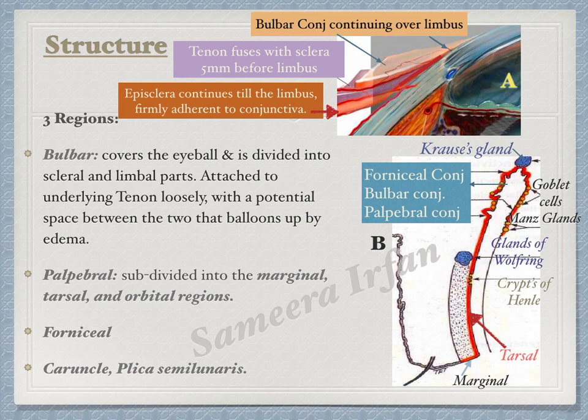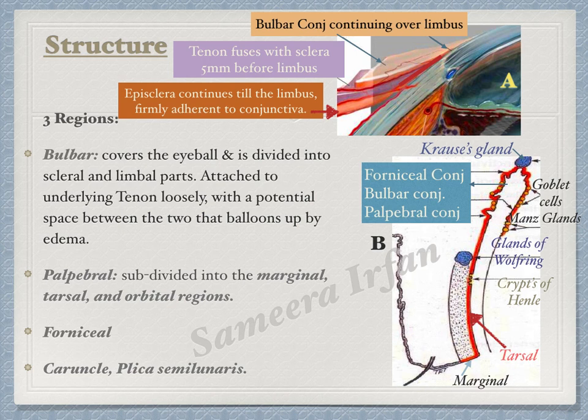Conjunctival fornices are divided into superior, inferior, lateral, and medial regions. They form the junction between palpebral and bulbar conjunctivas. The forniceal conjunctiva is loose and flexible and allows for an independent movement between the globe and eyelids.